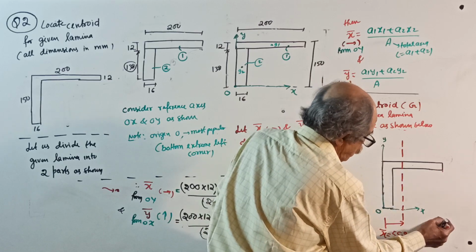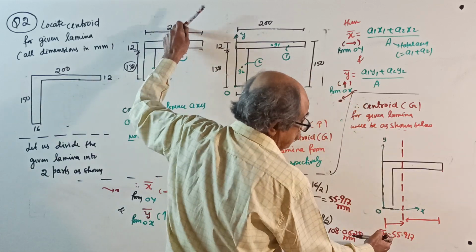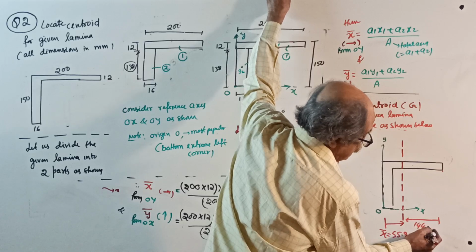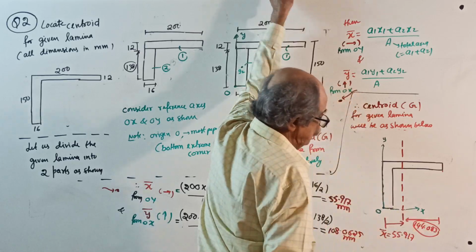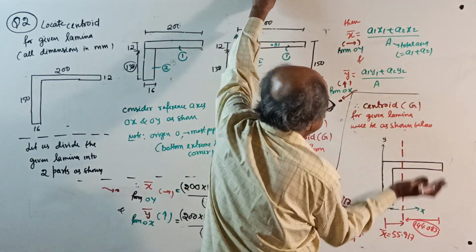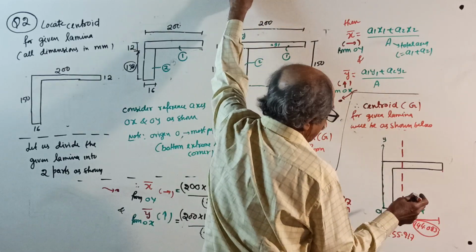If you want, you can do one thing. From that edge, you can calculate this distance: from 200, subtract it, it will come 144.083. Suppose you find x bar from that side, you will get 144.083. And y bar, from the bottom, you have to go by how much? 108.0625.